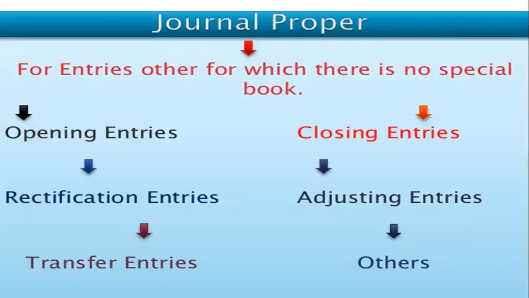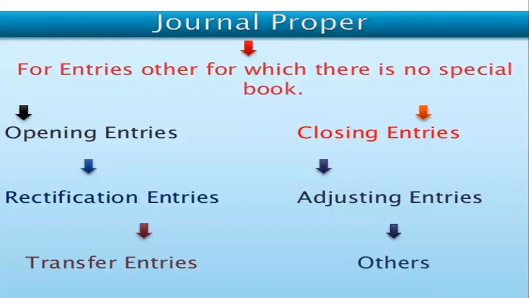The rest of the entries which are not included in all these six books, that is purchase, sales, purchase return, sales return, bills receivable and bills payable, will be entered in the journal proper.